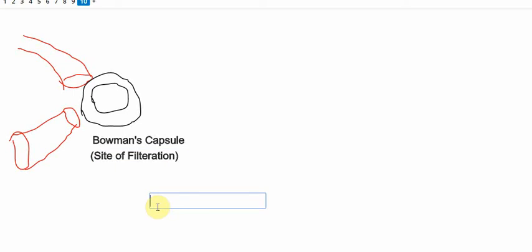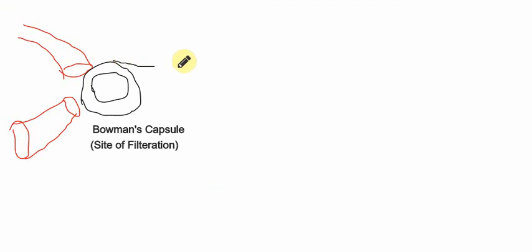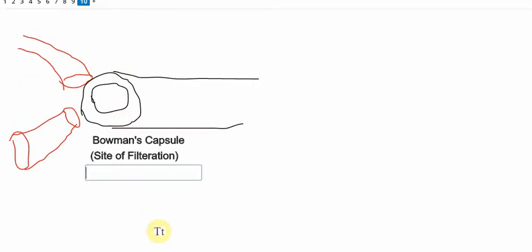So filtration is pretty much, you allow some things to go through and some things you don't allow to go through. So some of the things that do go through are stuff like, let me just draw this tubule, salts, NaCl, glucose, vitamins, amino acids.